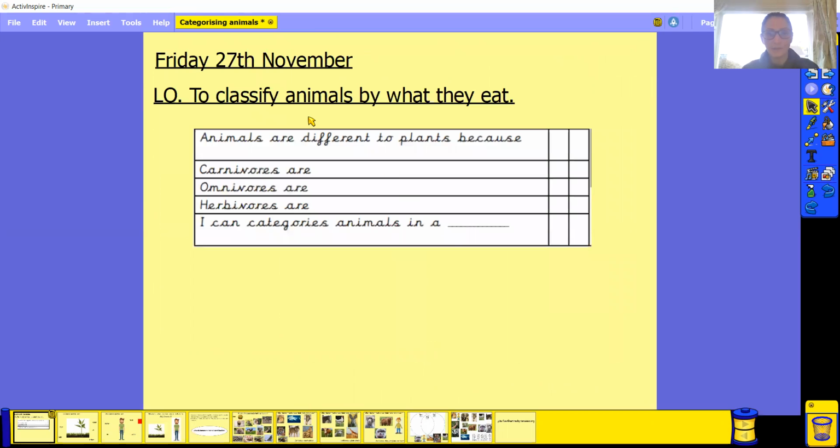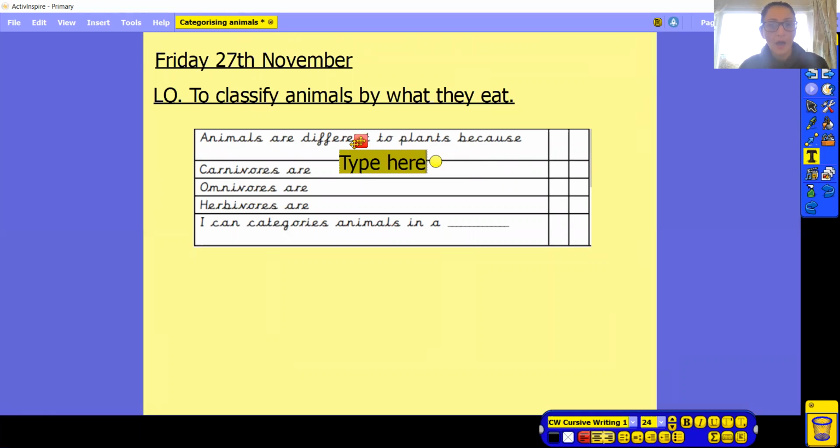So we're going back to our success criteria. So animals are different to plants because plants need light, whereas we don't need light, okay? Plants can produce their own food, okay? They can make it themselves, whereas we have to go find our food, okay? We have to find it. So we've got here, carnivores are, let's have a think.